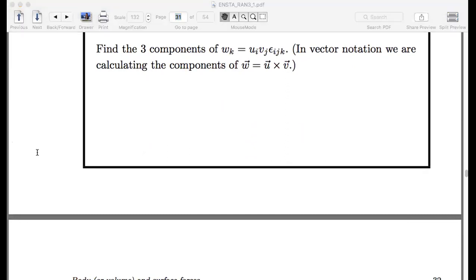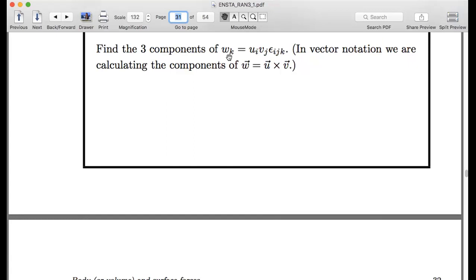Okay. Yeah, thanks. So we have this quantity w_k that we want to calculate, and it's a vector quantity because it has one index. So it's a type of tensor, but a special tensor. It just has one index. And that index k, it's understood that it can take 3 values to indicate the 3 components in 3-dimensional space.